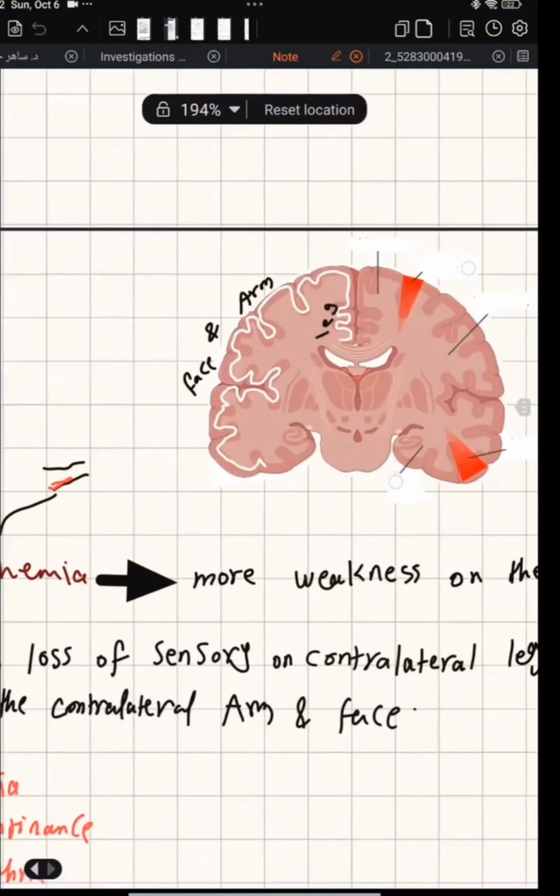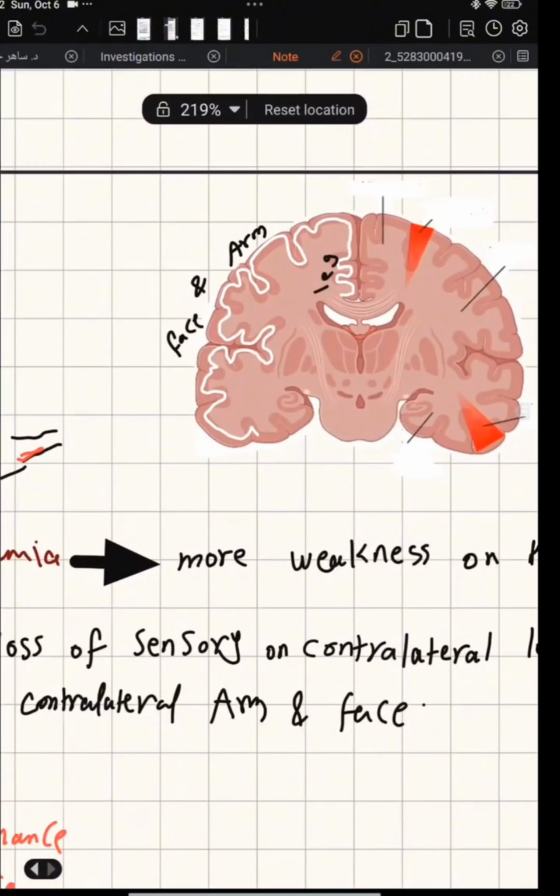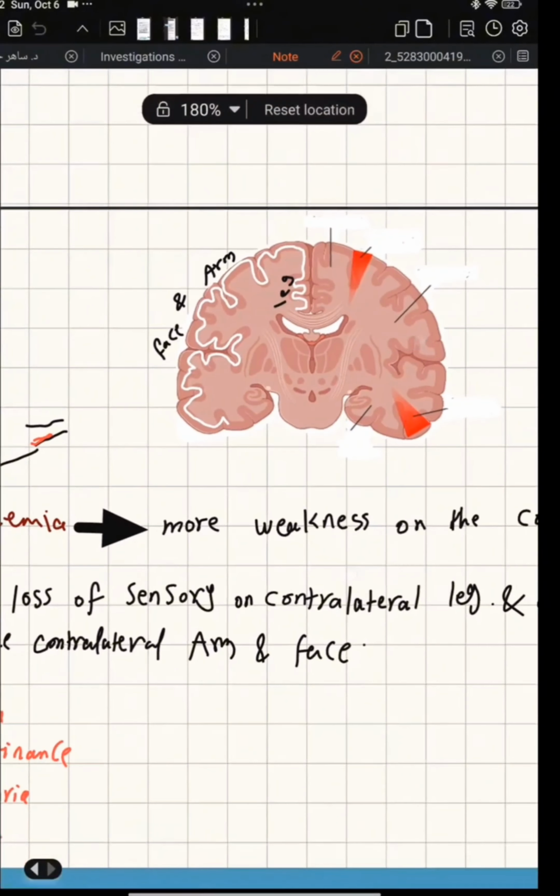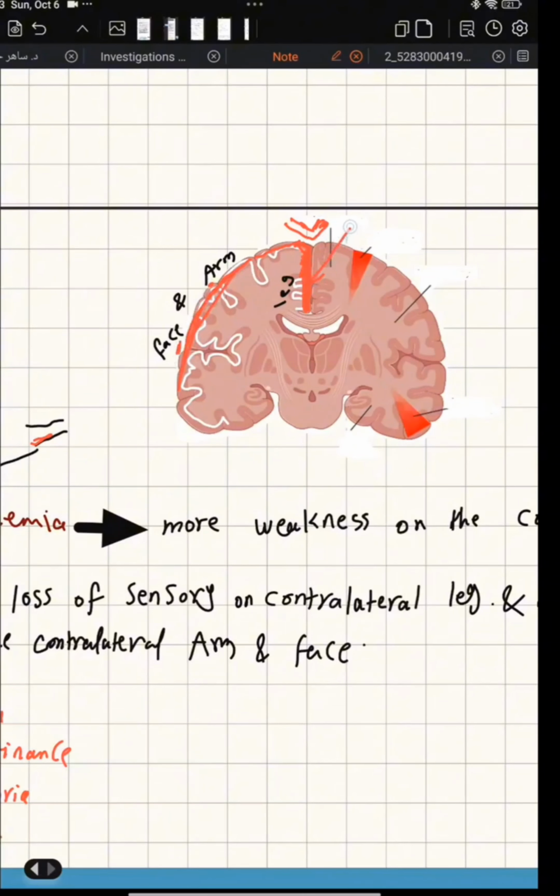Okay, here, as we know, it's a coronal view of the brain. This is the medial surface of the parietal and frontal lobe, which supplies the leg. Okay, this is the leg, while here, the lateral surface supplies the face and arm. This surface is supplied by the anterior cerebral artery, and this surface is supplied by what?